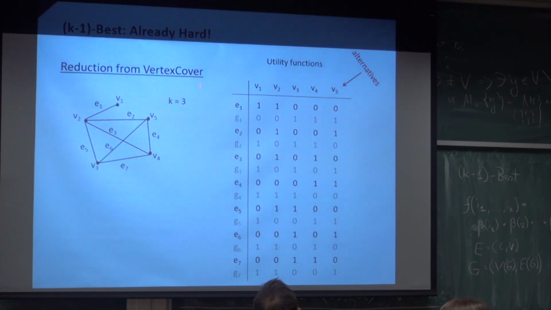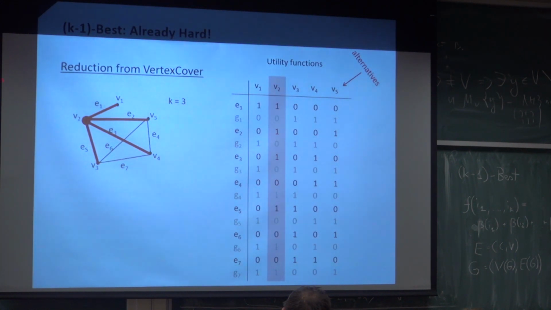Now I'm adding new voters, complements of the edges. For E1, I have G1 who approves exactly the opposite of what E1 approves. This is why I say that we jumped from the ordinal to the approval setting, because in the ordinal setting, each of them would have to approve the same number of candidates, but it's easier this way.